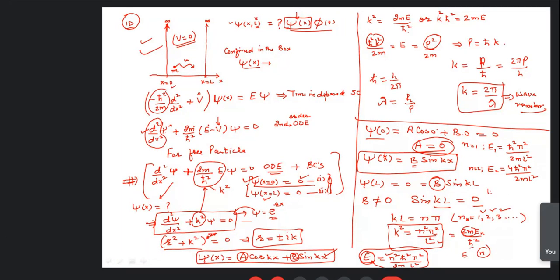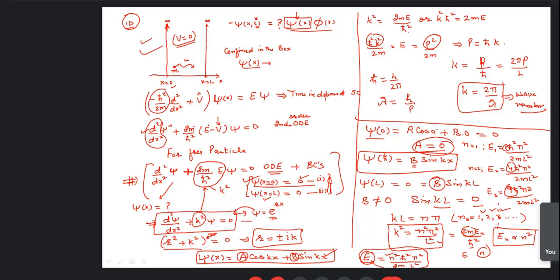The next energy level corresponds to n equals 3. It is 9 h bar square pi square over 2m L square. So you can see this is 1 times this factor, 4 times the same factor, 9 times this factor, and so on. So E is proportional to the square of n.